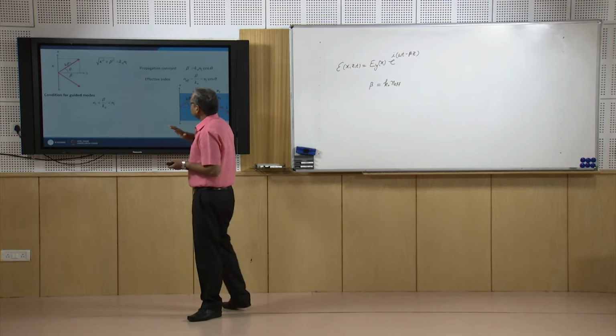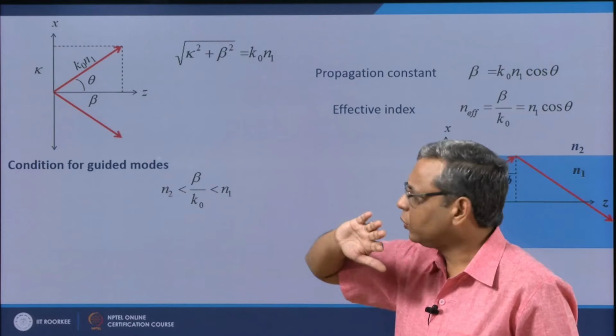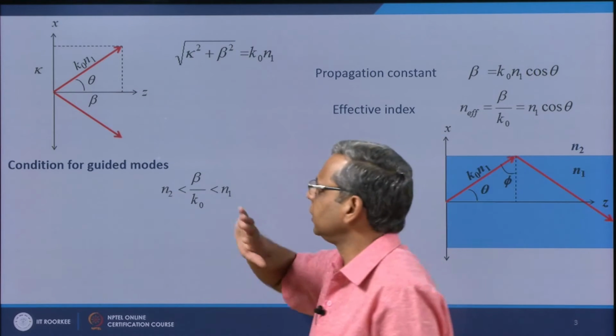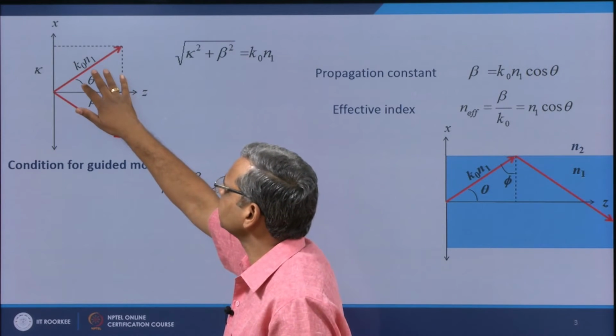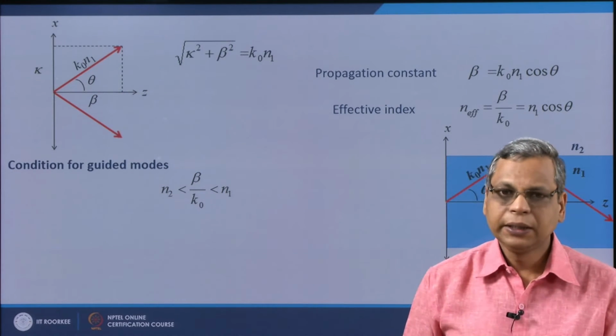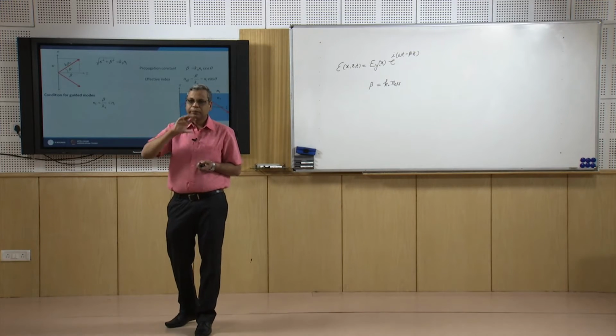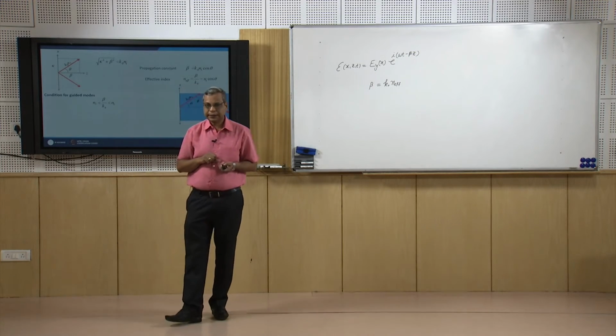So, rigorously, the effective index of the mode is nothing but the component along the z direction, and it gives me the velocity with which a particular standing wave pattern will travel in the z direction.